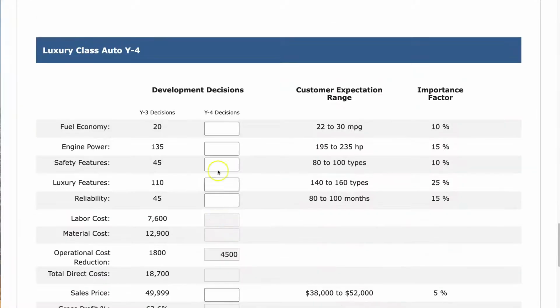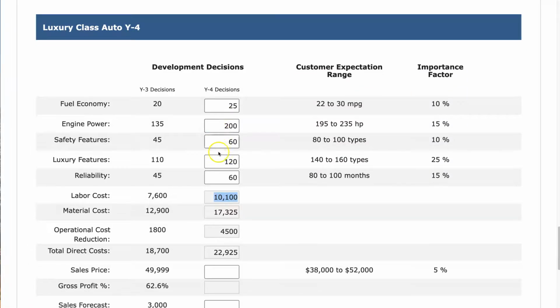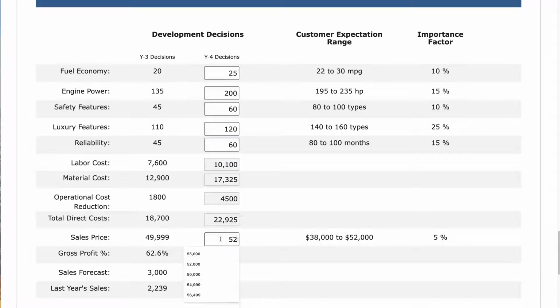But I can see that, let's see here. Now the luxury car is getting a little bit pricey on the build. And I can see now I'm forecasting lower than the average, because I don't think I'm going to make a car quite as attractive here.